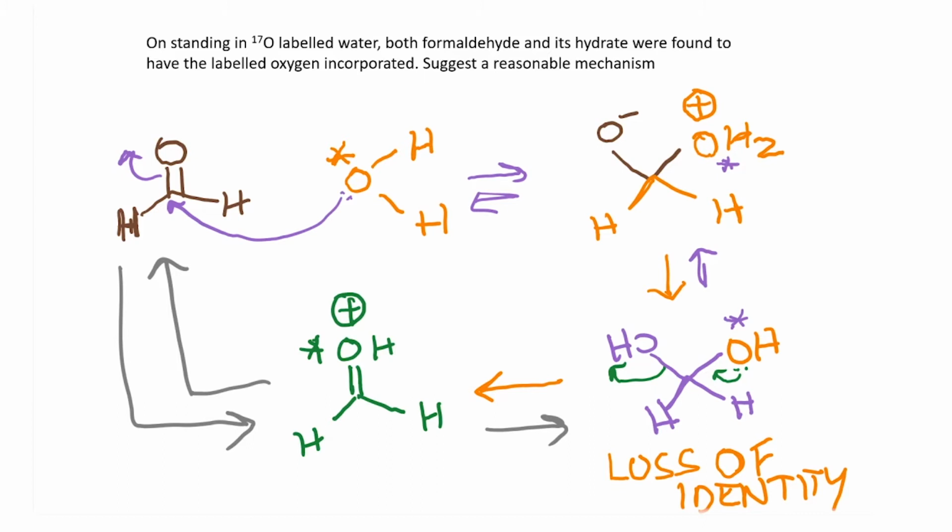Then you measure the amount of radioactivity that has been incorporated, or the amount of labeled oxygen that is incorporated. What we found here was that both formaldehyde and its hydrate were found to have oxygen incorporated.